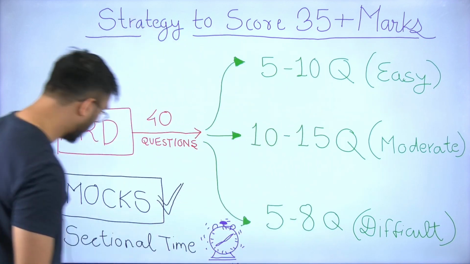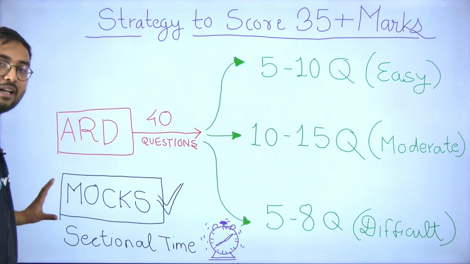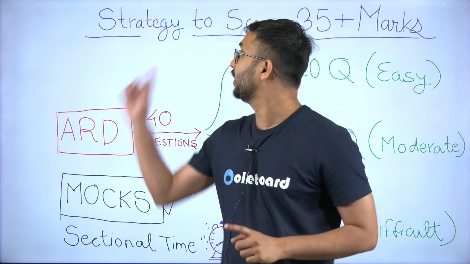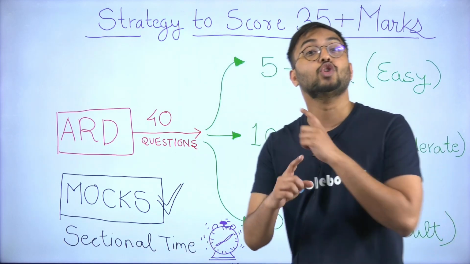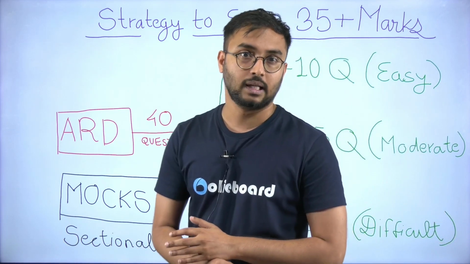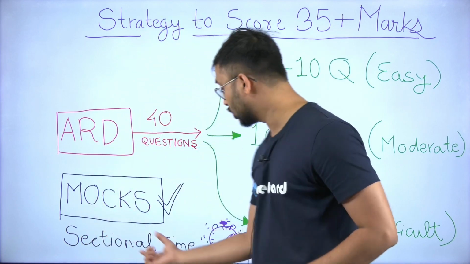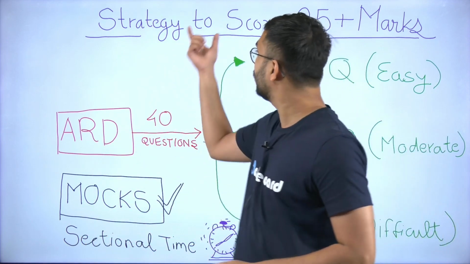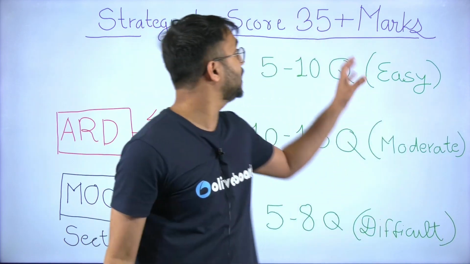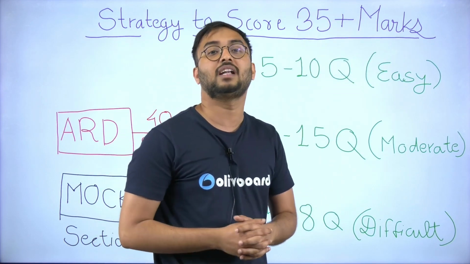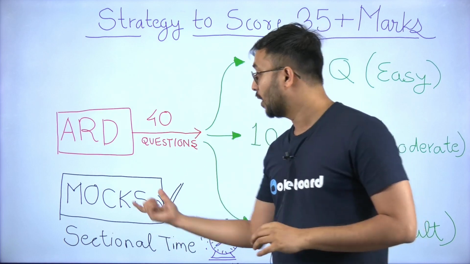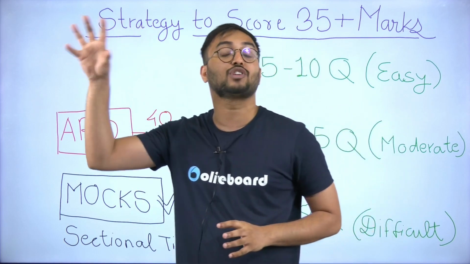And how are you going to do that? Through mocks. Mocks are the real game changer in scoring 30 plus marks. But why? Because there is no sectional time for Nabard phase 1. If sectional time is not there, it means you need to score 30 plus, 35 plus marks, and you definitely need practice of mocks because you don't have a timer there.